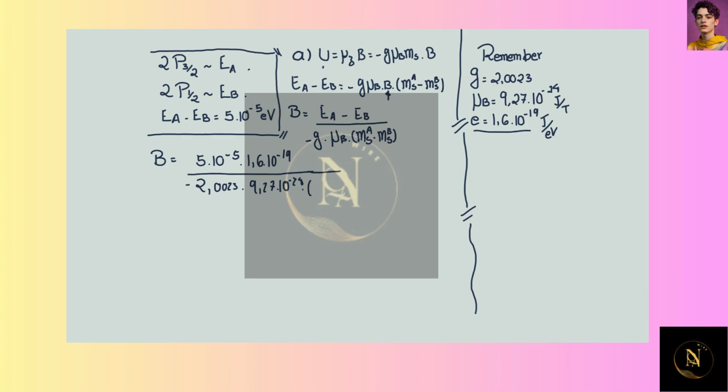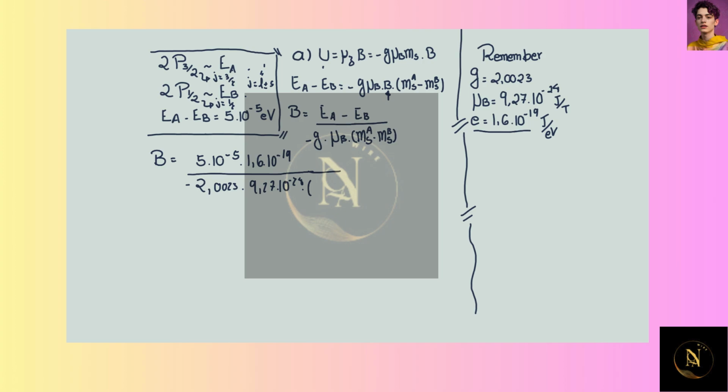Well, note that in the first case we have J equal to 3/2, and in the second case we have J equal to 1/2. Remembering that J is equal to L plus or minus S, we can conclude that L is equal to 1 and MS can be either plus 1/2 or minus 1/2 as always.